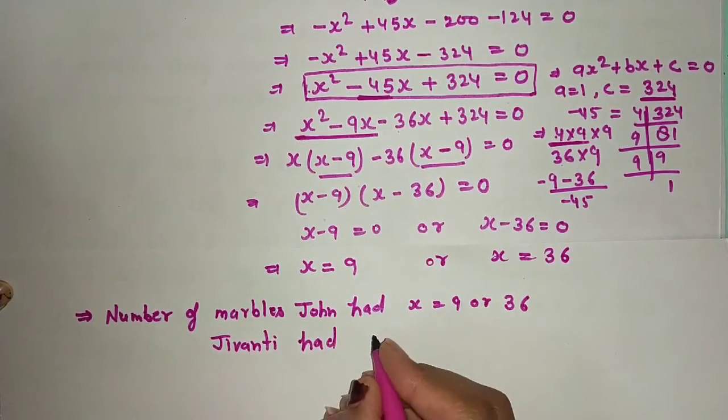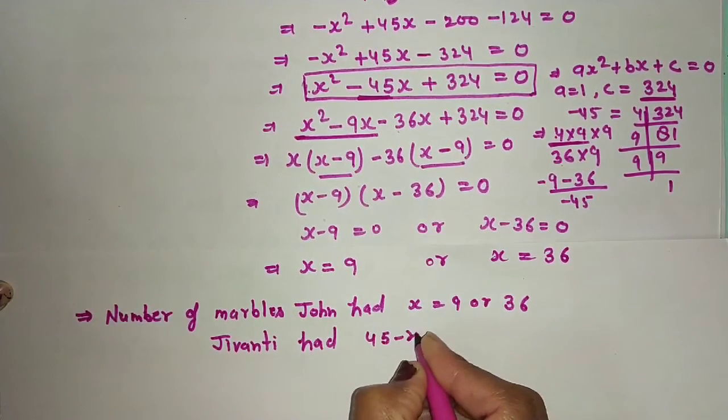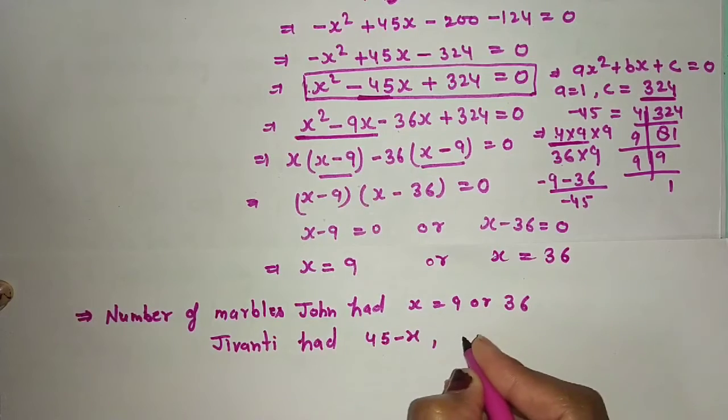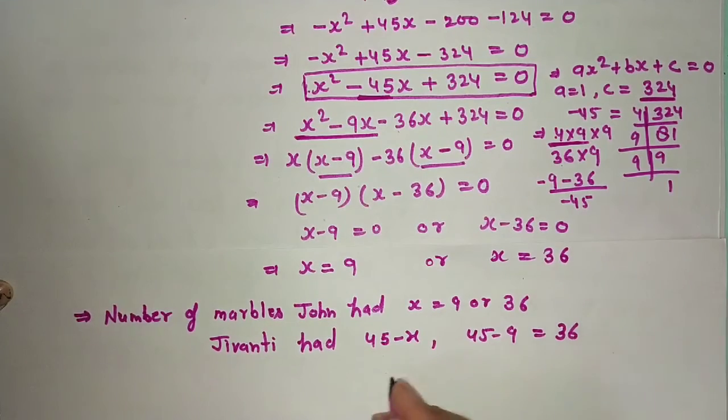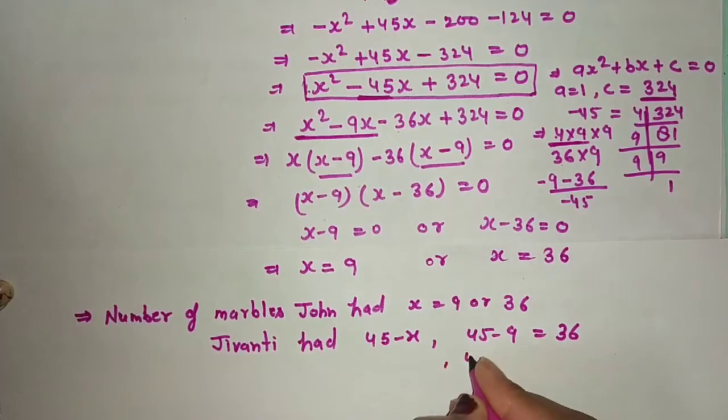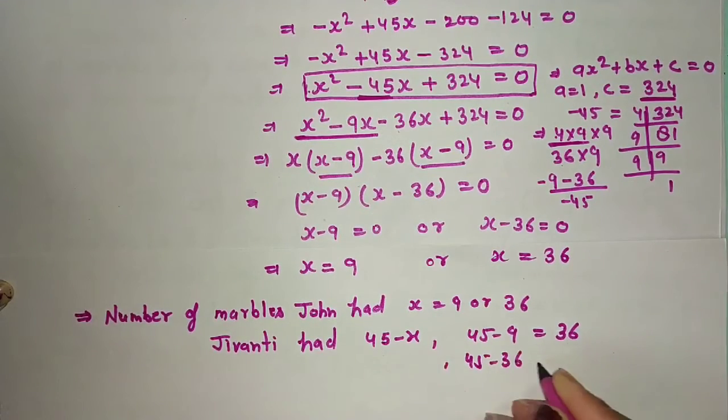had 45 minus x. When x equal to 9, then Jivanti had 45 minus 9, that is 36, and when x equal to 36, then 45 minus 36 equal to 9.